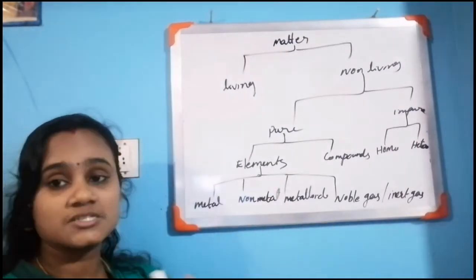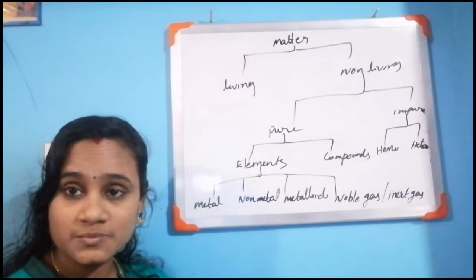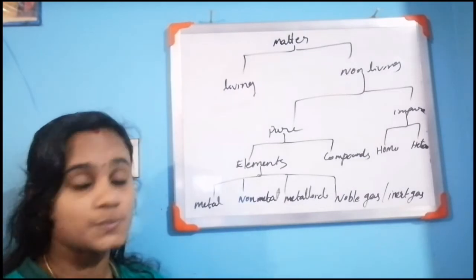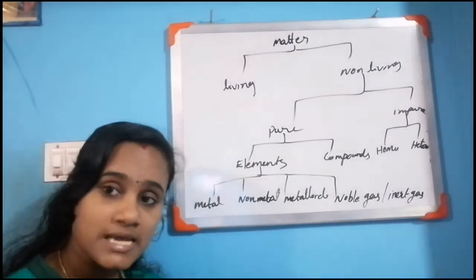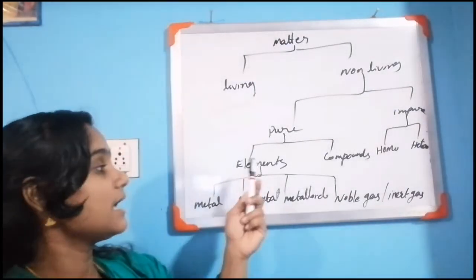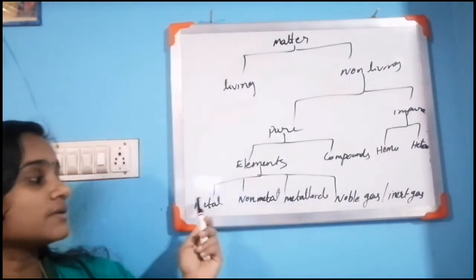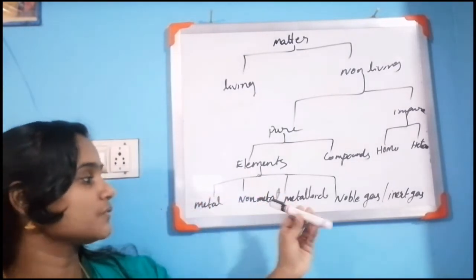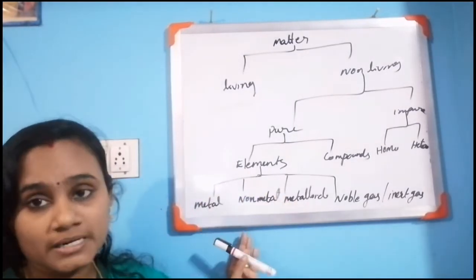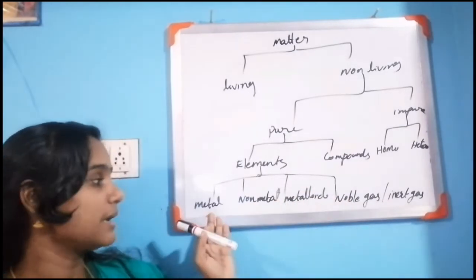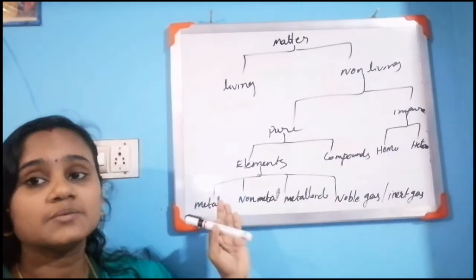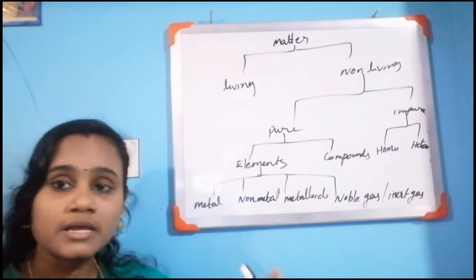Impure substance is divided into homogeneous mixture and heterogeneous mixture. Pure substance is divided into elements and compounds. Elements are categorized into four: metals, non-metals, metalloids, and noble or inert gases.